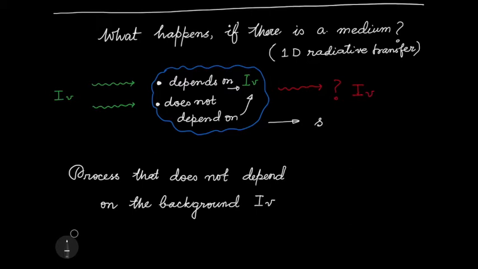This direction, the usual thing used in literature, is small s. So as s increases, s equals 0 here. If this is my source, here I have s equals 0, and s increases as you go to the right hand side. And that is the only direction in which we will see what happens. So this is an example of a problem of one dimensional radiative transfer.